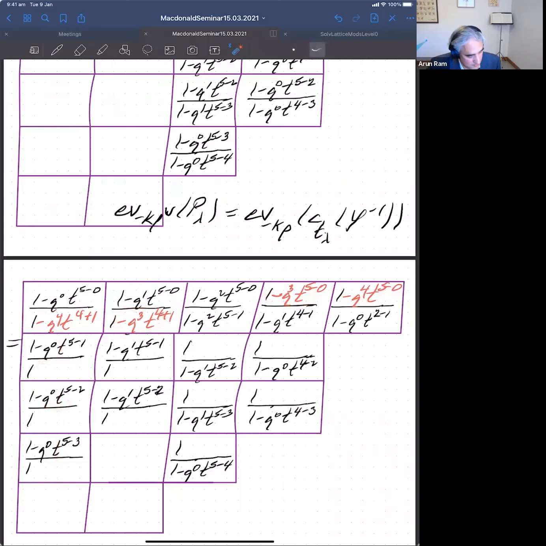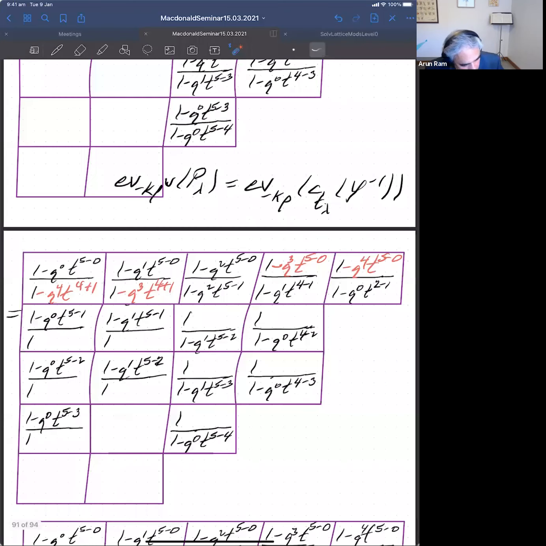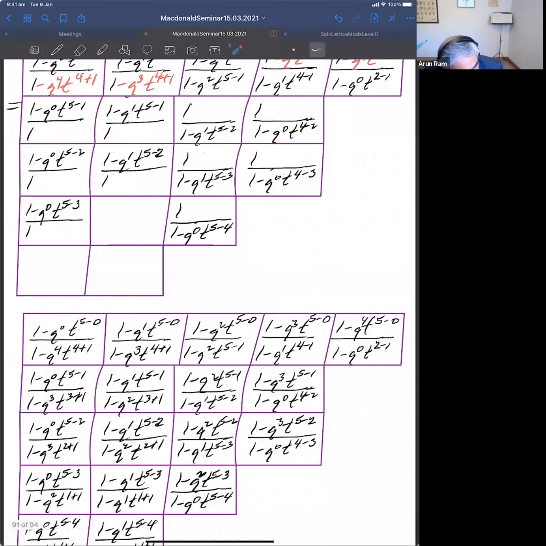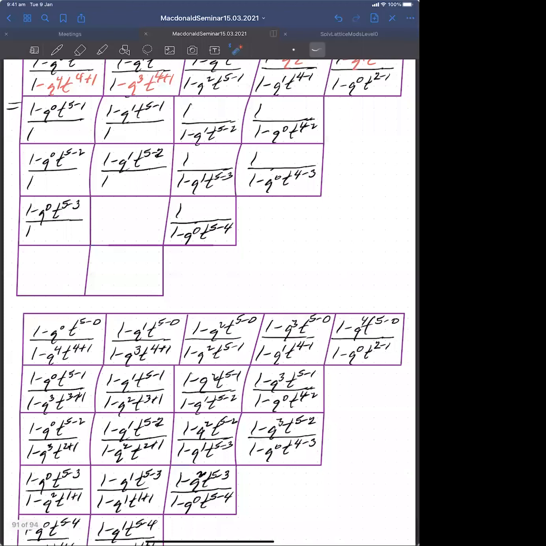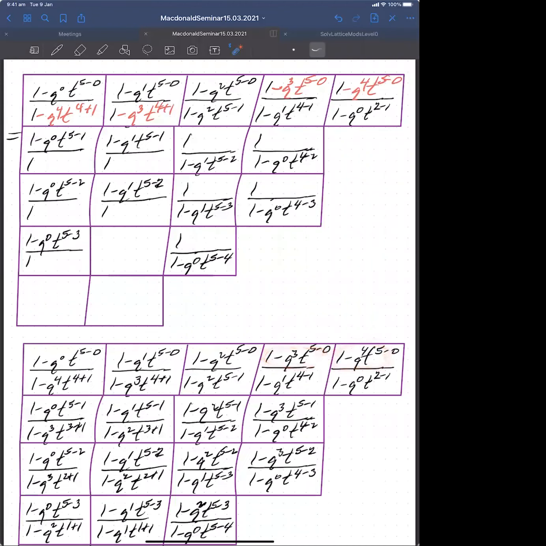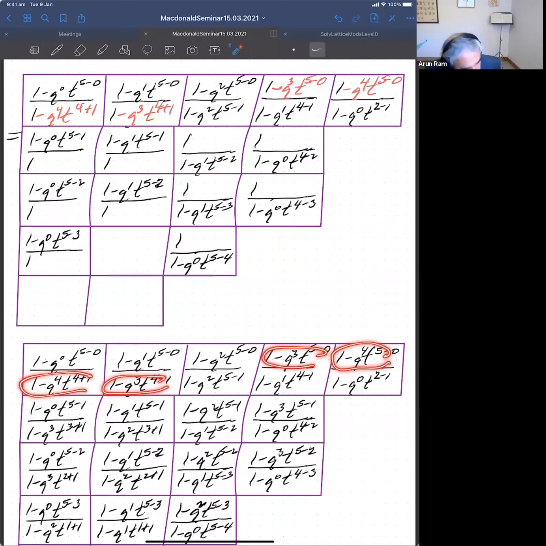Everything is still equal. You can fill in one by one all of these things, and that's exactly what I did. I filled in, these cancel with these two terms, and then these two terms cancel with these two terms to leave me what I had before.